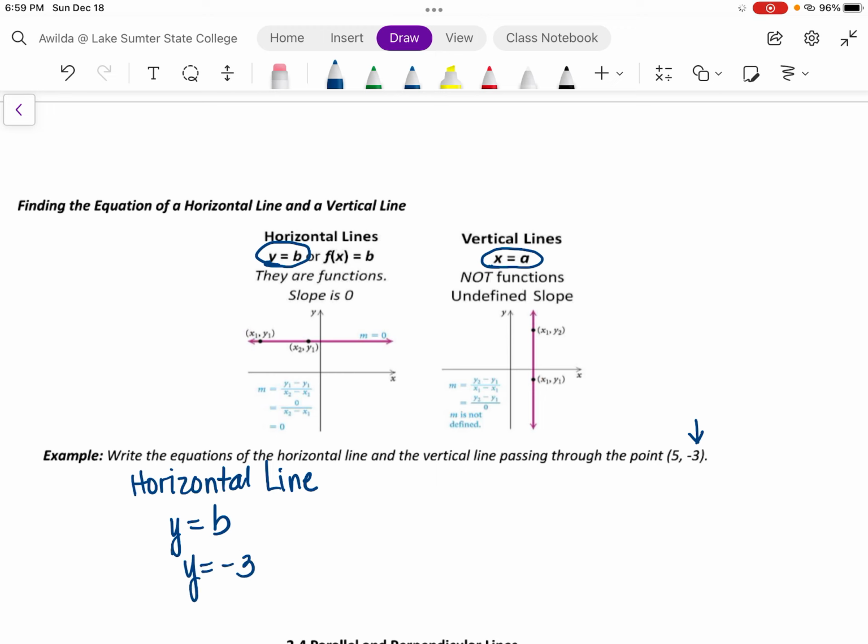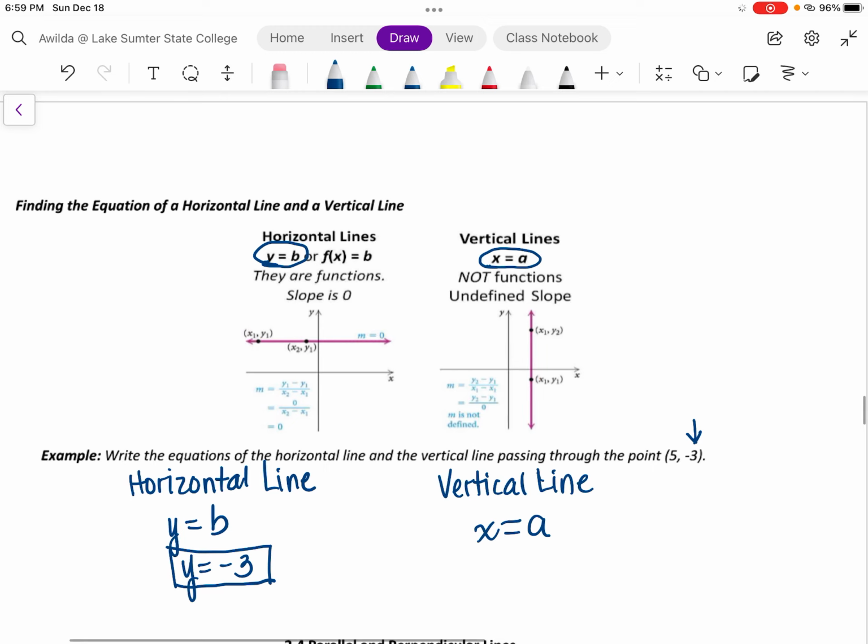That is the equation of the horizontal line that passes through that point. The vertical line, on the other hand, must have an equation that looks like x equals some fixed number a. What must a equal? It's got to be 5. So x equals 5 is the equation of the vertical line that passes through that point.